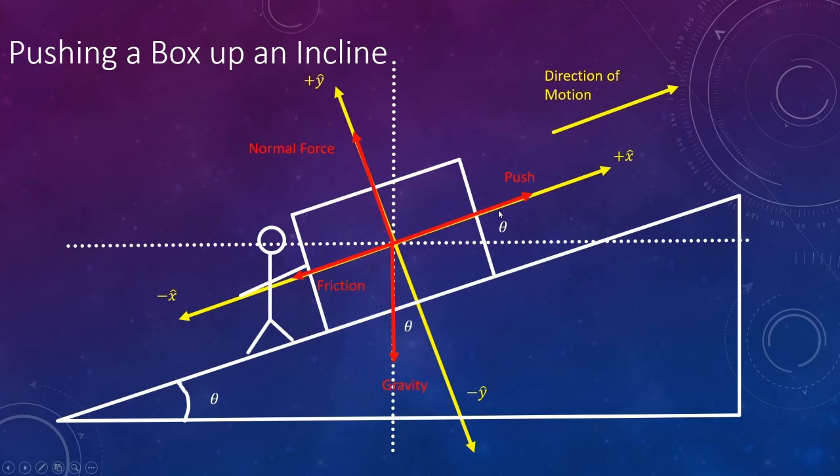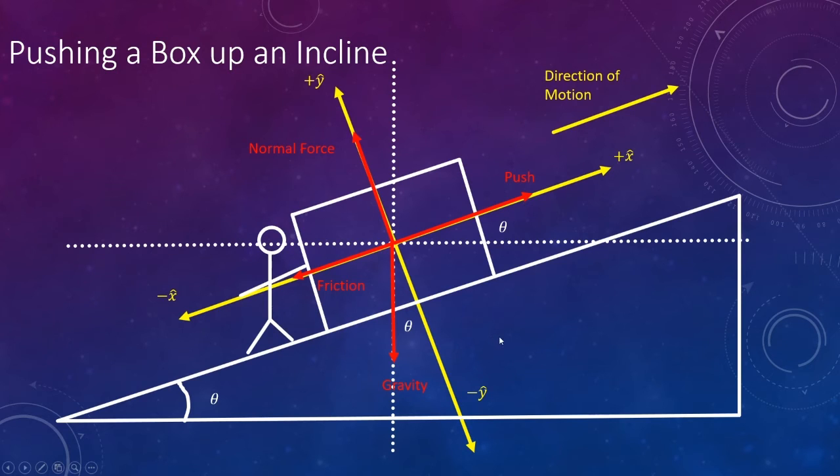And you can apply a little bit of trigonometry and say if this angle is theta and you have a right angle here, this angle is also theta that gravity makes with the y direction. So this angle of inclination is the same angle that the push makes with respect to the horizontal, and just transposing that angle, it's the same angle that gravity makes with this rotated coordinate system.